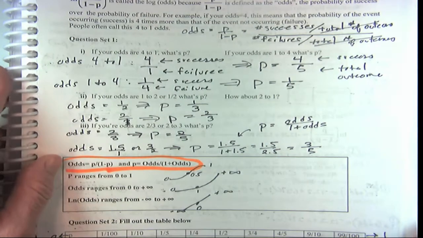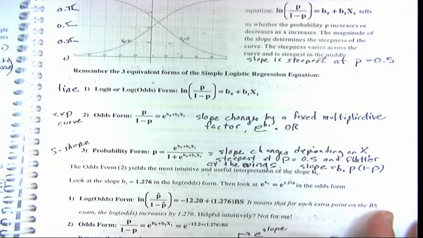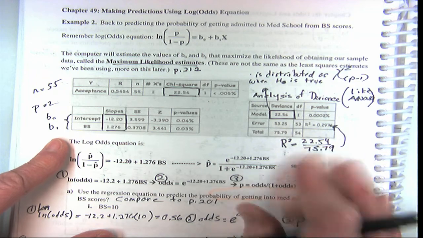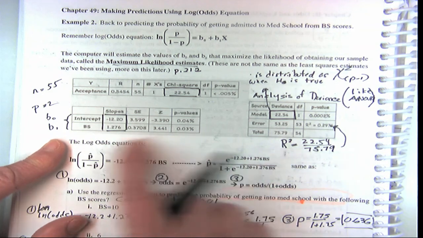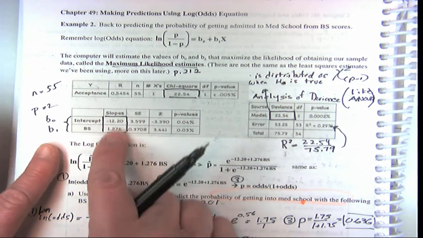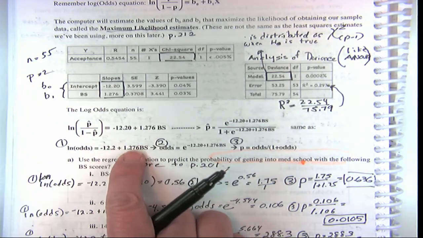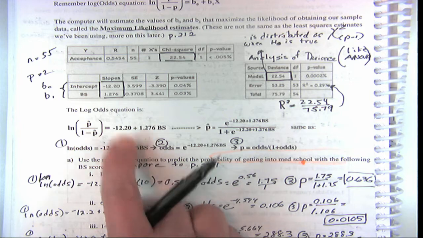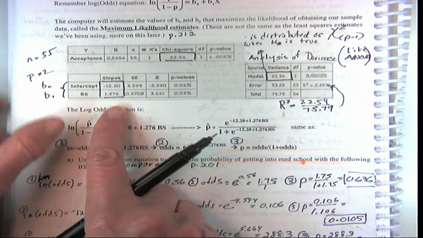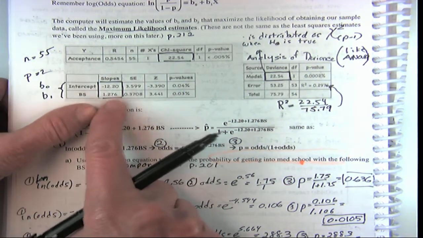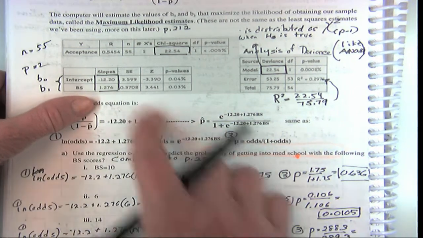And so what we did was we let the computer do these estimates of the slopes for us. So we got this equation right here, and we interpreted the odds ratio as e to the slope, e to the 1.276 is the odds ratio.